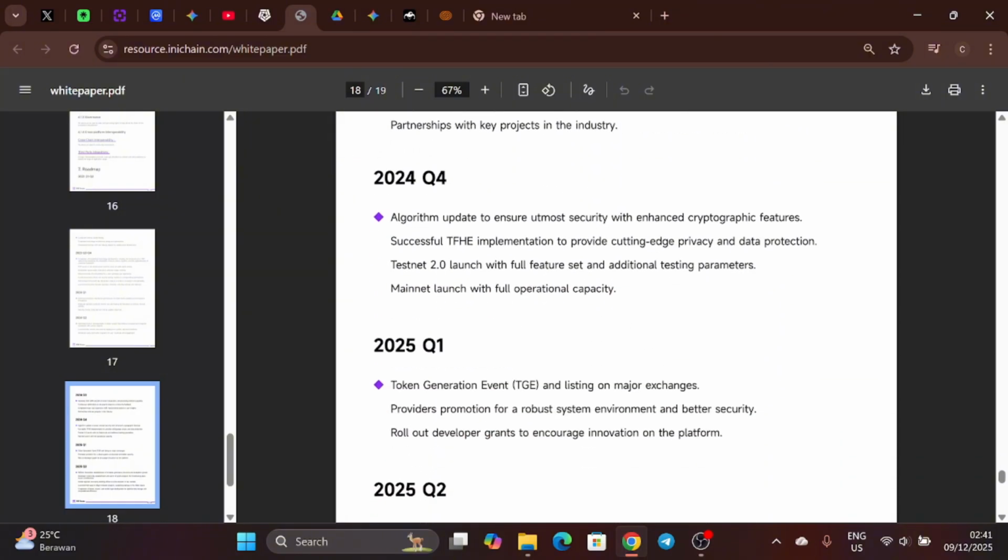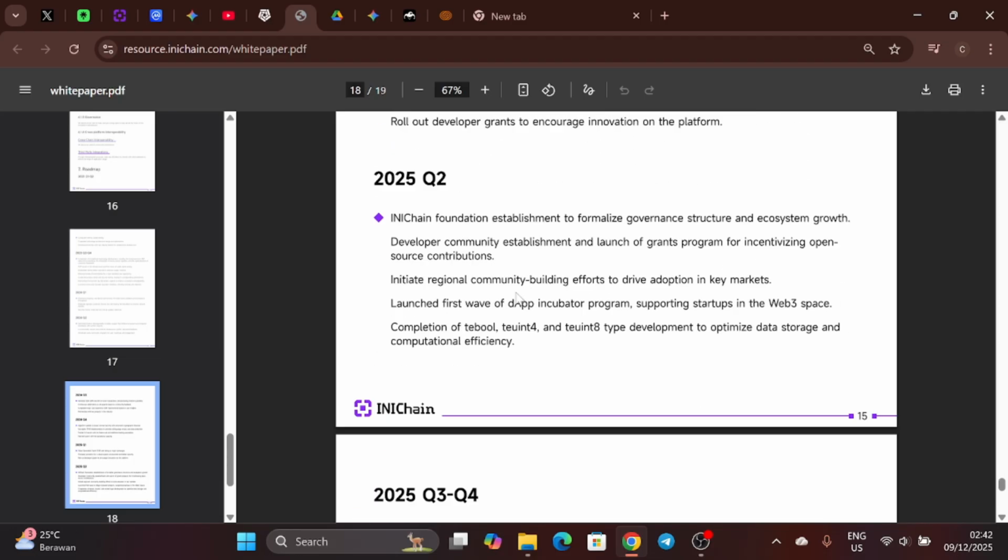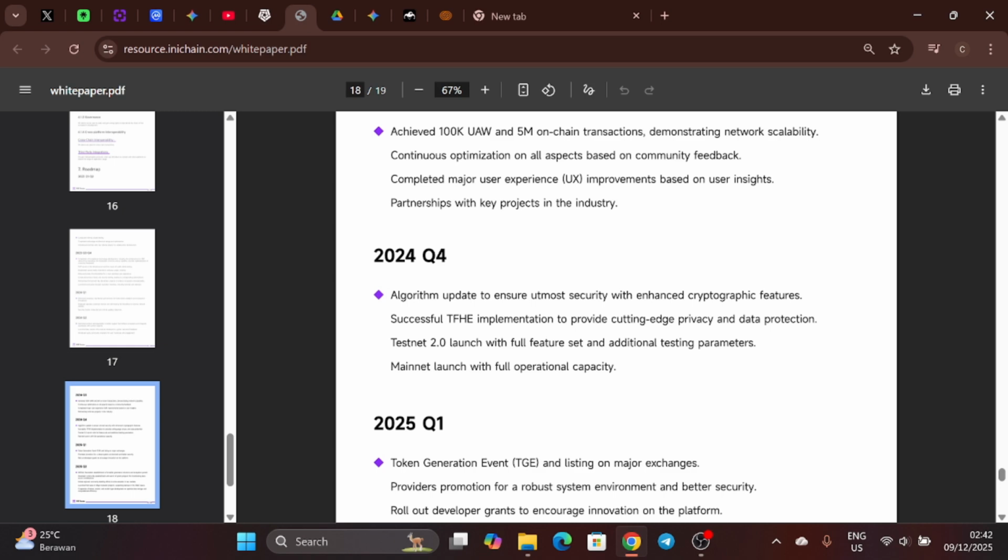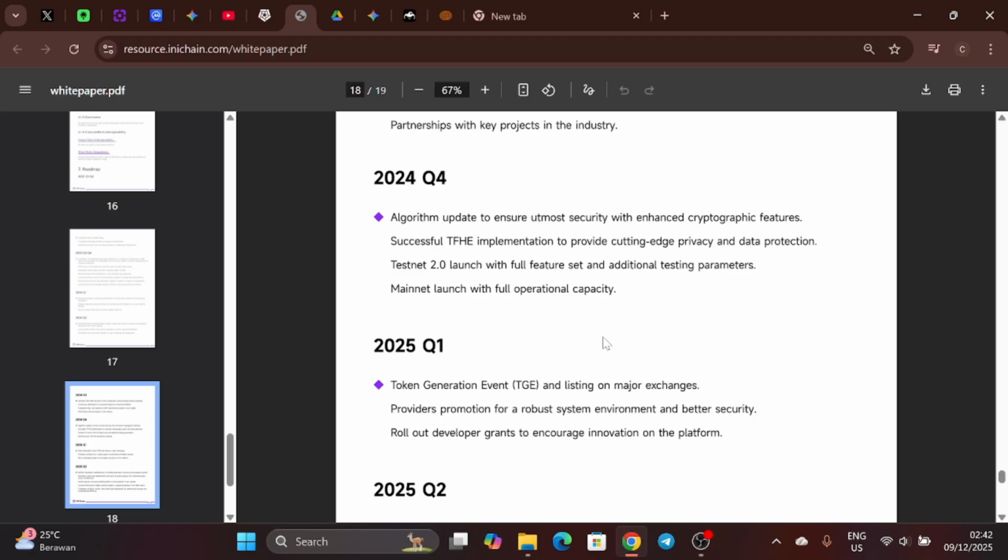Then Q4 2024: algorithm update to ensure utmost security with enhanced cryptographic features, and efficient implementation to provide cutting-edge privacy and data protection. Testnet 2.0 launch with the full feature set and additional testing parameters. Mainnet launch with fully operational capacity.